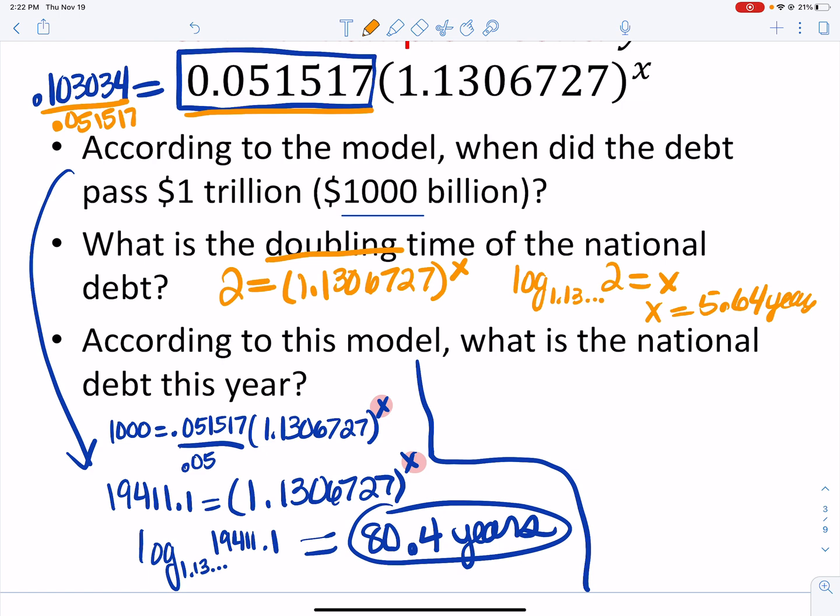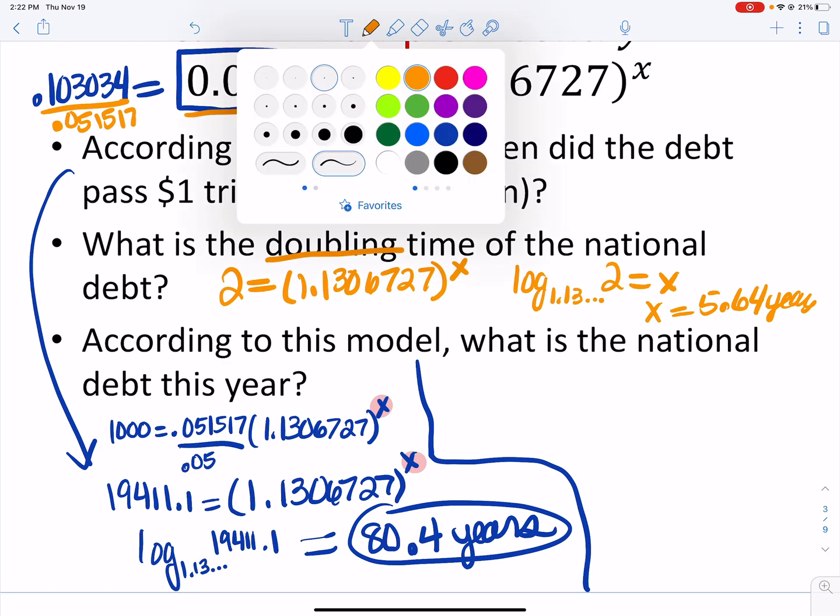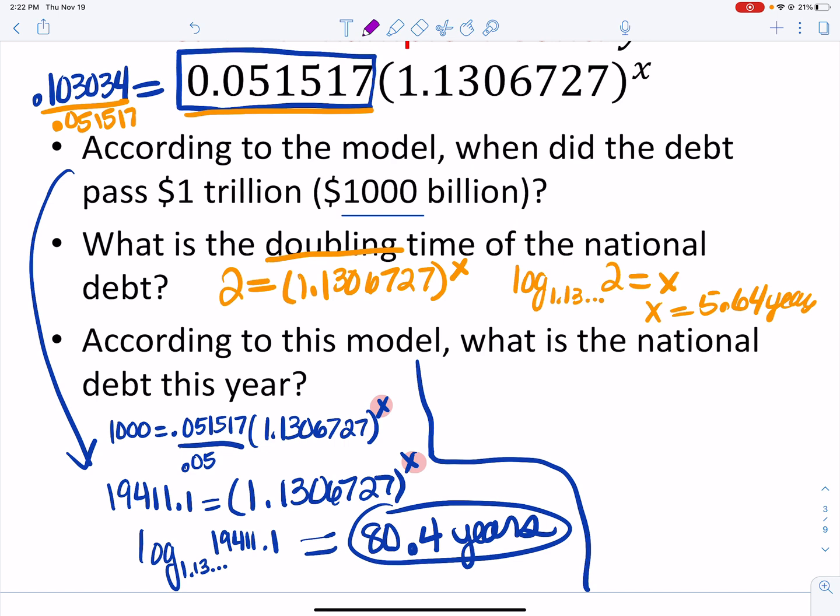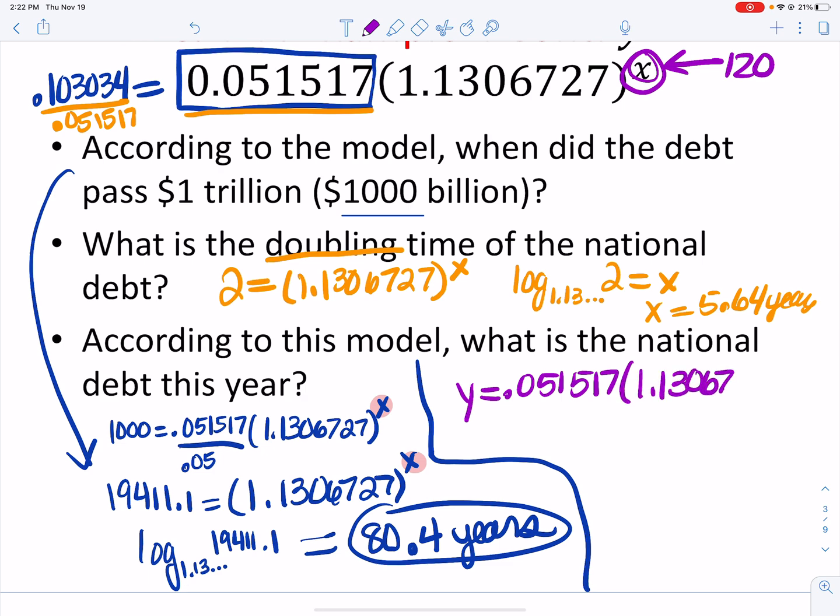So this formula was in 1900. So if I did 2020, wouldn't I take up here and put 120 in? So I'm basically going to do 0.051517 times 1.1306727 to the 120th.